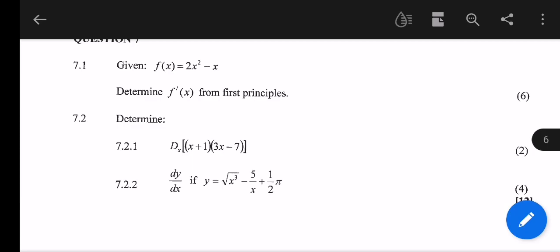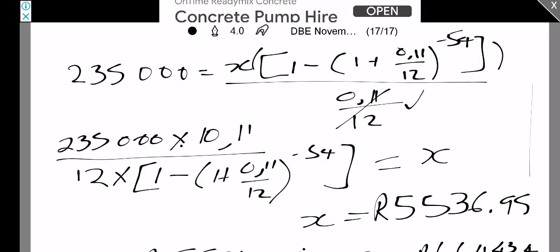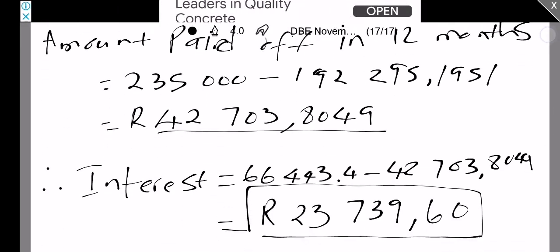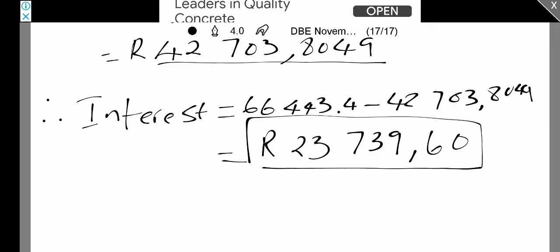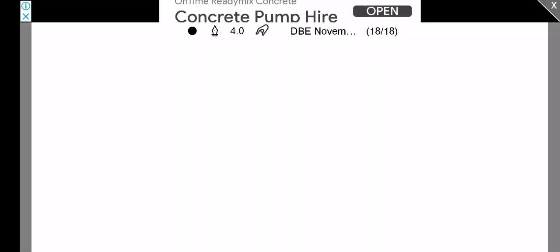Determine f prime x from first principles. That's where you've got to score most of your answers, because you just apply the first principle and you don't think of anything. You don't waste a lot of energy there.